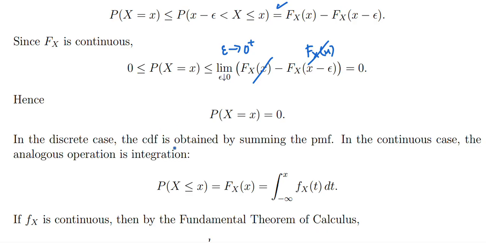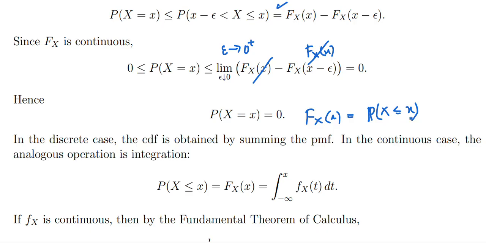In the discrete case, the CDF is obtained by summing the PMF. In the continuous case, how do we obtain a CDF? Like, it means that Fx of x equals the probability of x less or equal to x.